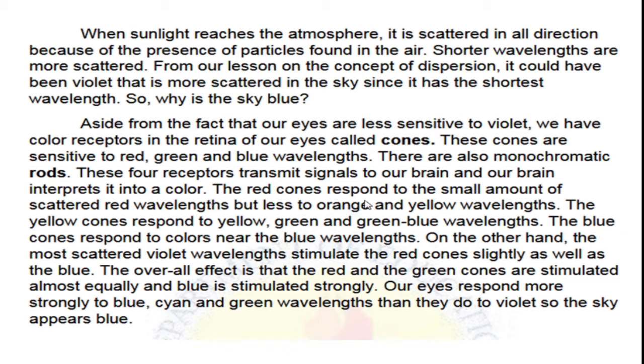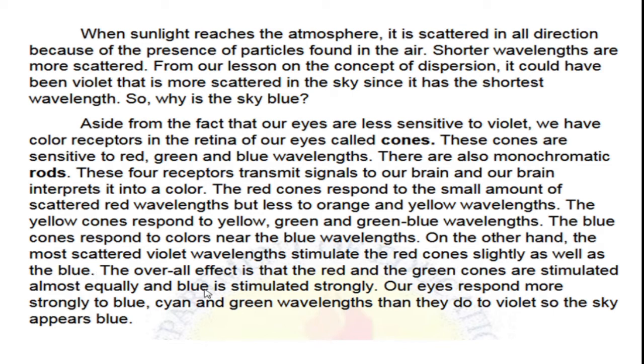So the red cones respond to the small amount of scattered red wavelength, but less to orange and yellow wavelength. The yellow cones respond to yellow, green, and green-blue wavelength. So the blue cones respond to colors near the blue wavelength. On the other hand, the most scattered violet wavelengths stimulate the red cones slightly as well as the blue.